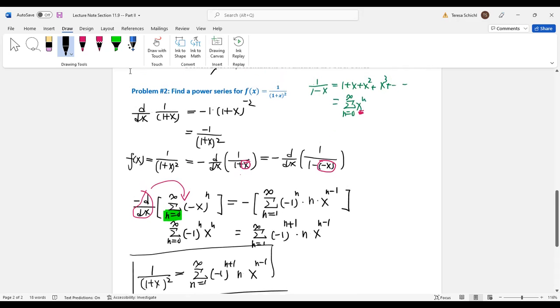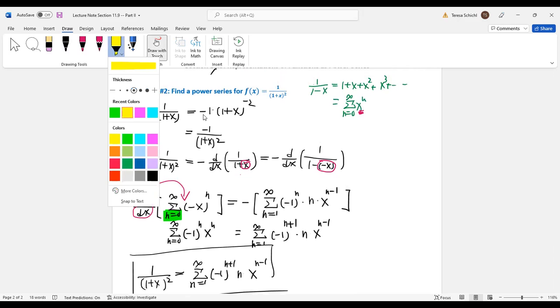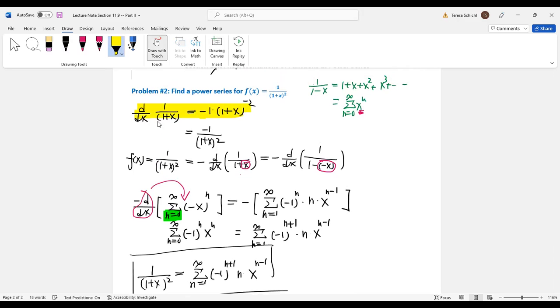So this problem is just like the previous problem. What do you need to recognize here? In order to get this 1 over 1 plus x squared, you need to recognize that this function is the derivative of 1 over 1 plus x, with a negative sign.